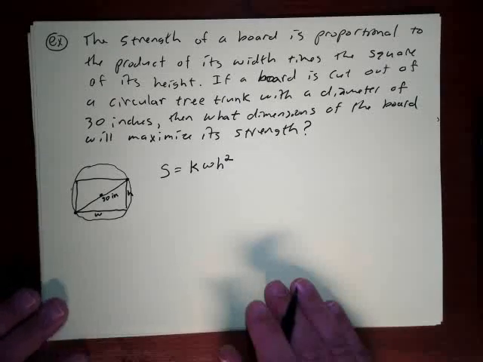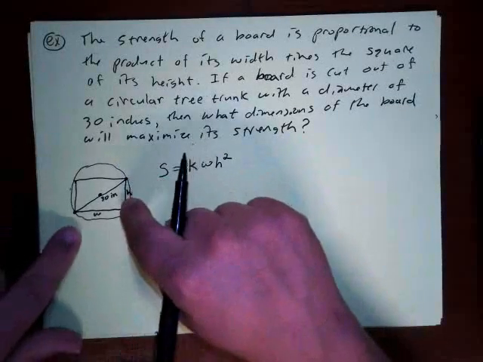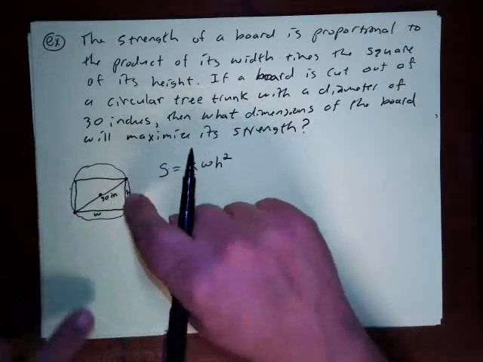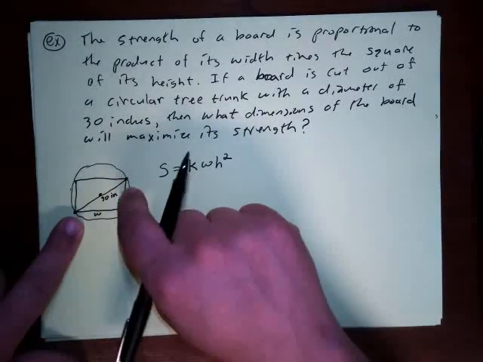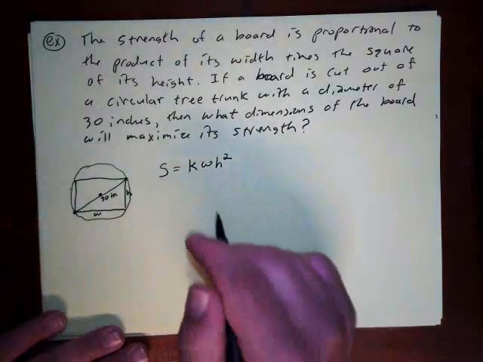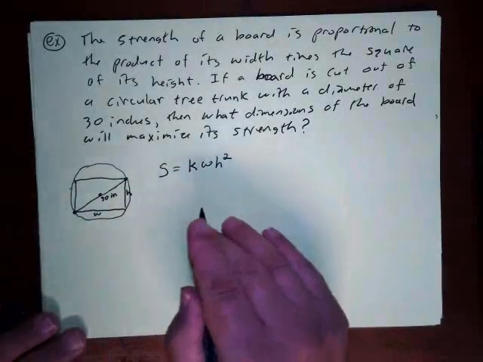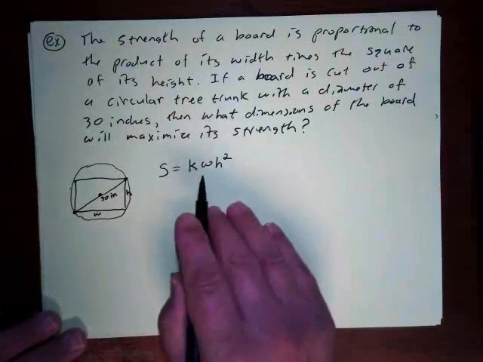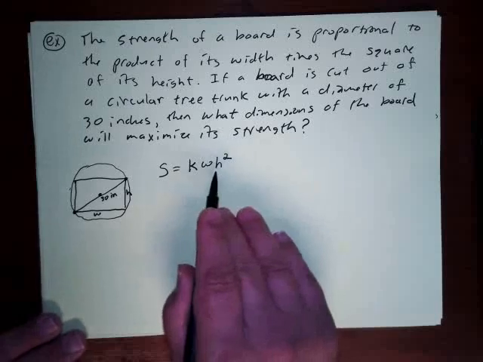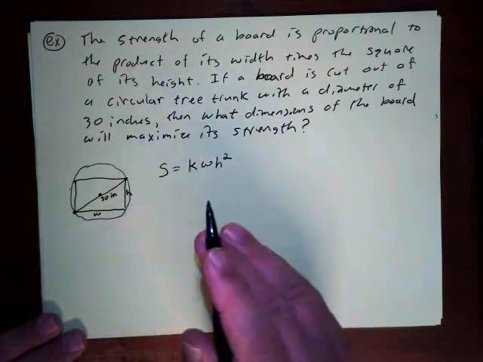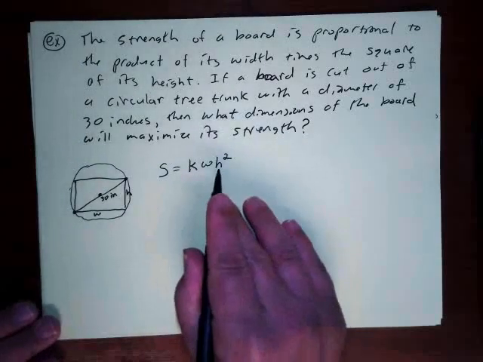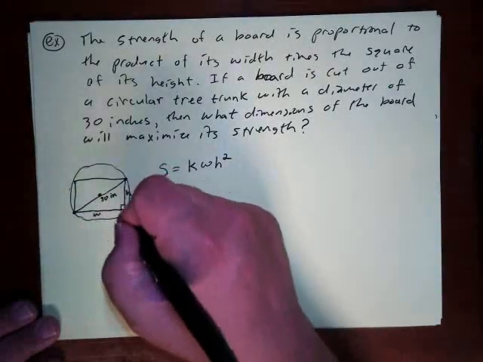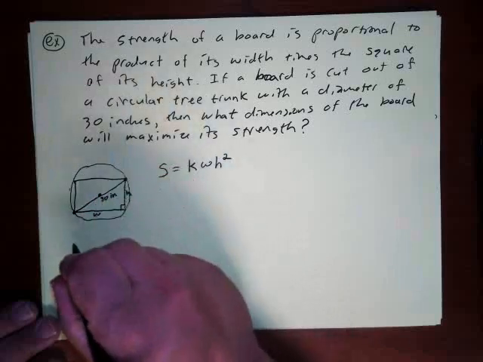What we want to do is find the dimensions of this rectangular board, the W and the H, that are going to maximize the strength of the board. So I need to get H in terms of W, or vice versa. This is like a right triangle where the legs are W and H, and the hypotenuse is 30.